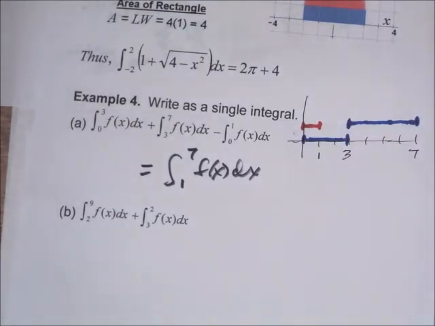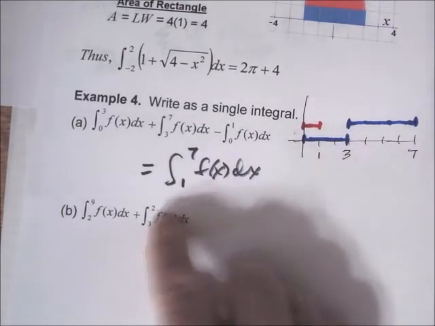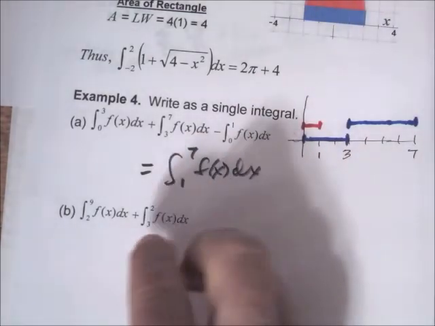Next, the integral from 2 to 9 plus the integral from 3 to 2, rather. Okay, so if you go in the opposite direction, you change the sign.